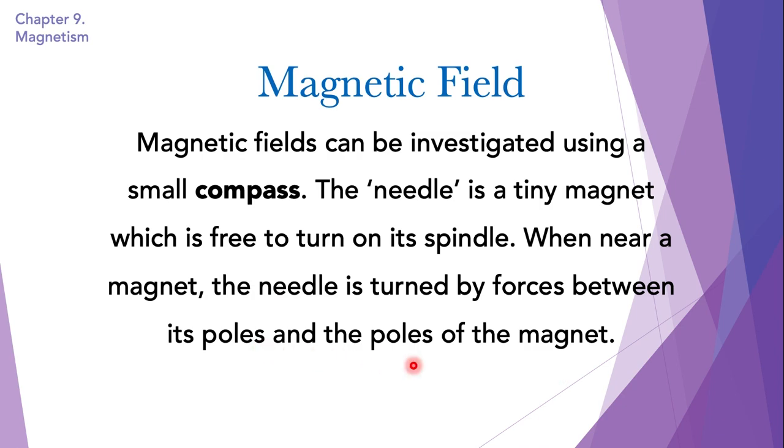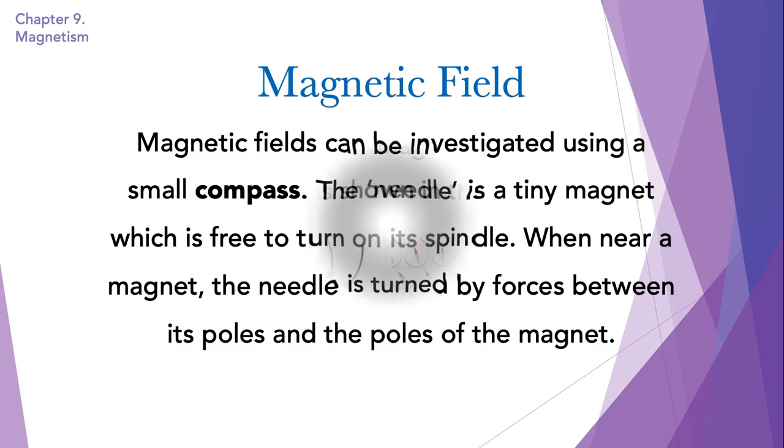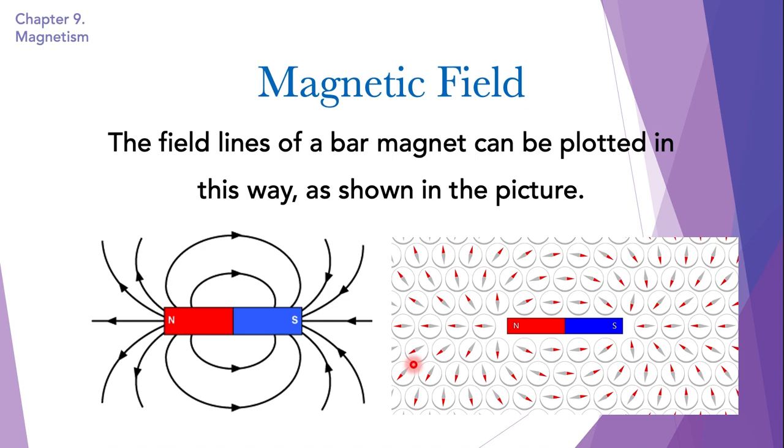So, the needle comes to rest so that the turning effect is zero. Here you can see the diagrams. There is a magnetic field around every single magnet, and this exerts forces on magnetic materials in it, where if there are any magnetic materials in this field, a force would be exerted on them.